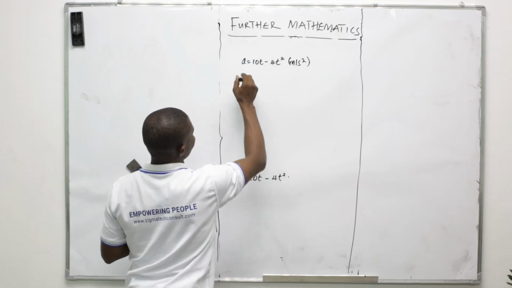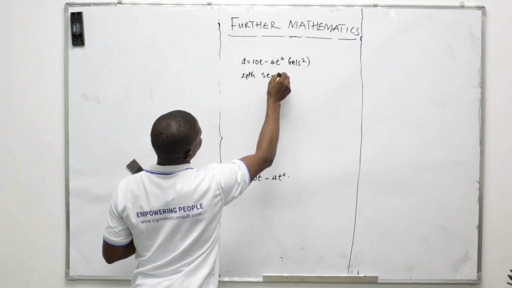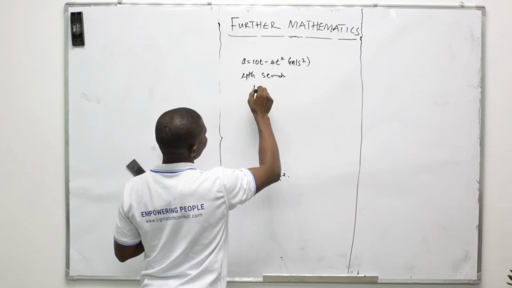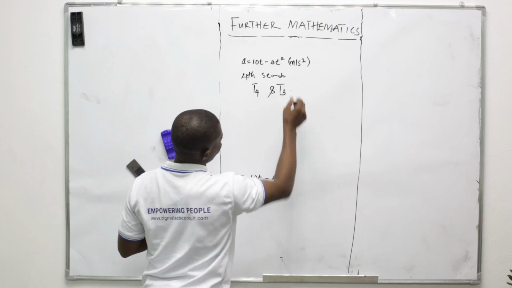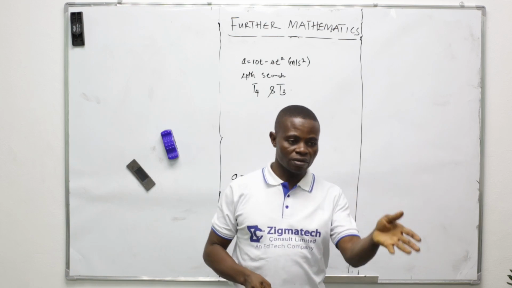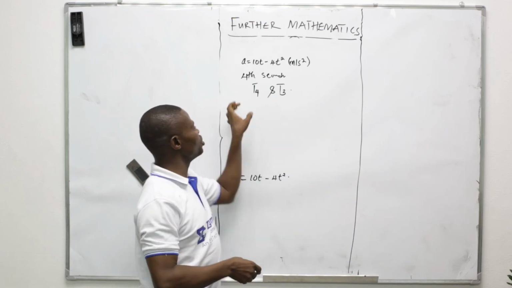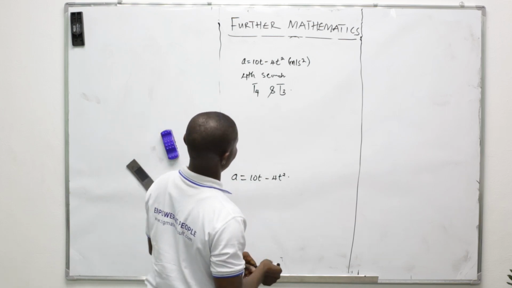Now, 4th seconds means T4 and T3, because before you count 4, 3 must be counted. That's why I'm introducing T4 and T3.